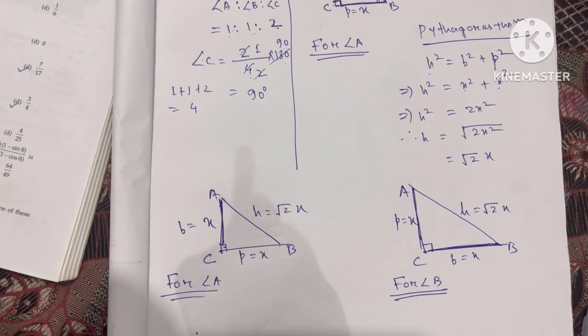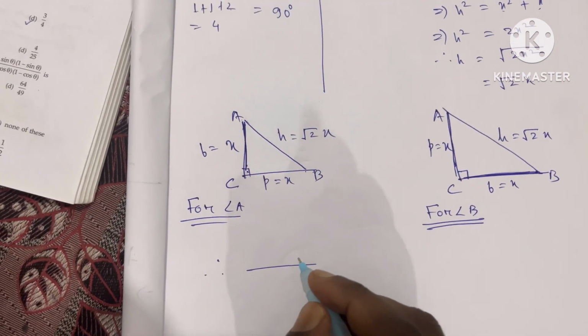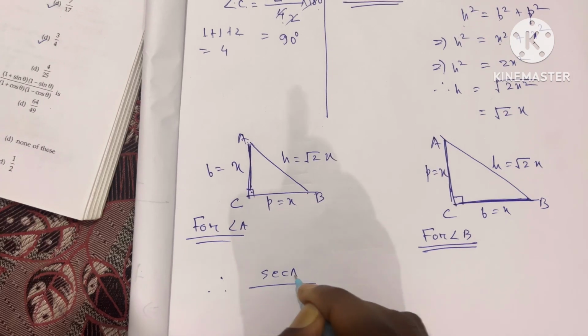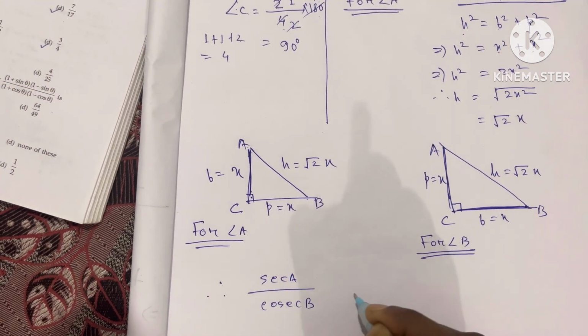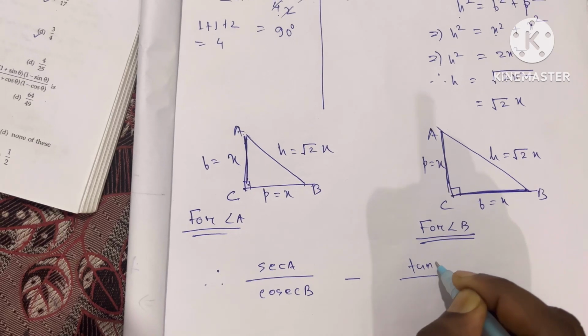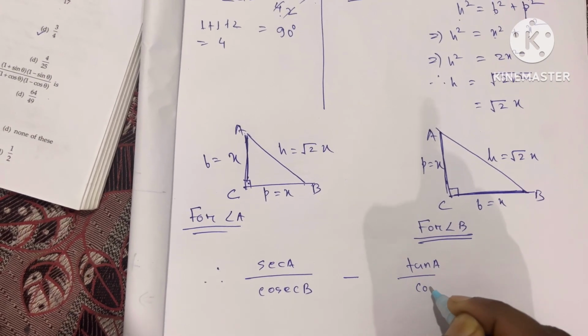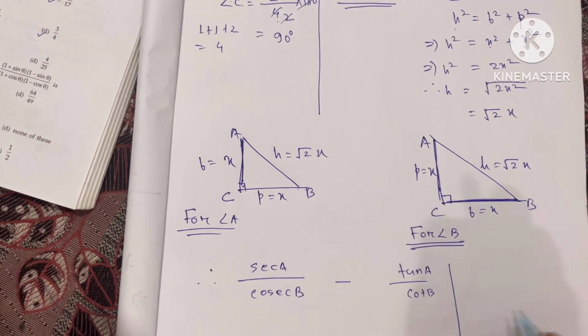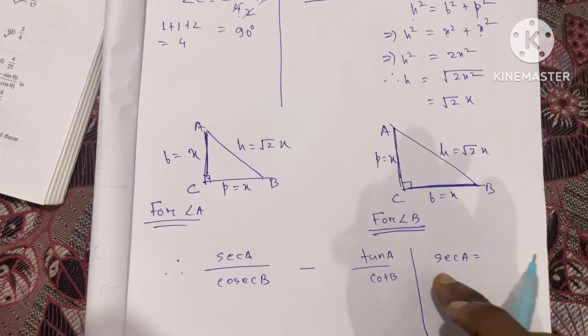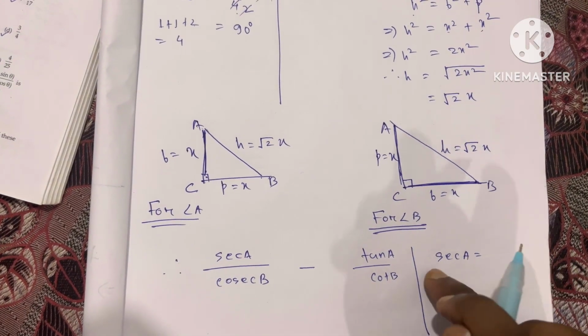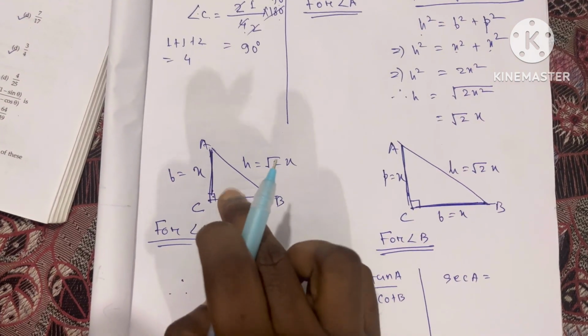Now I need to find the value of sec A divided by cosec B, minus tan A divided by cot B. Very simple. First I will find the value of sec A. For sec A we have to consider this triangle.